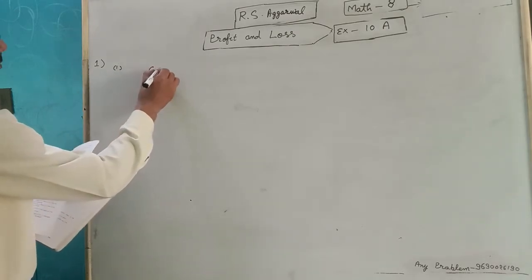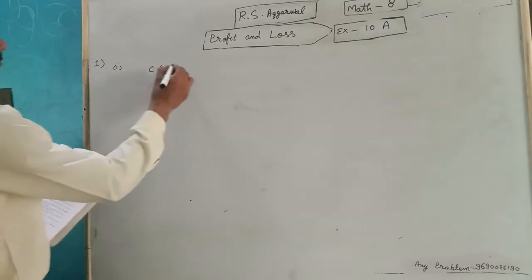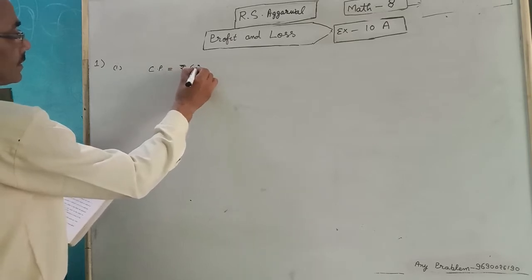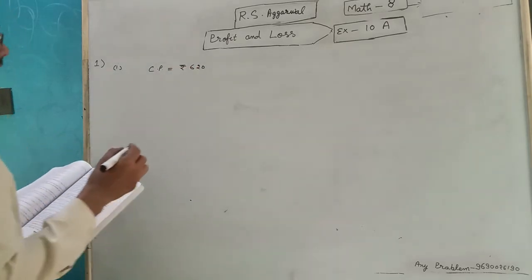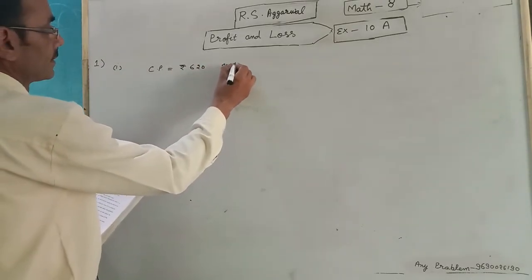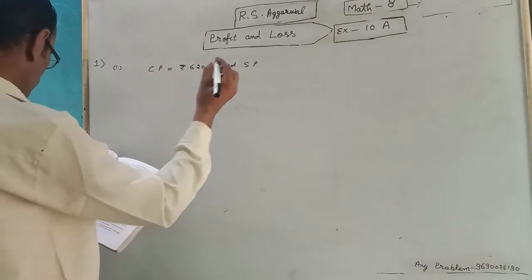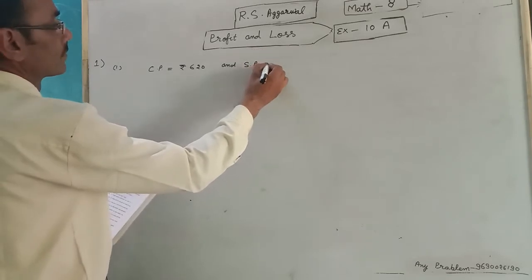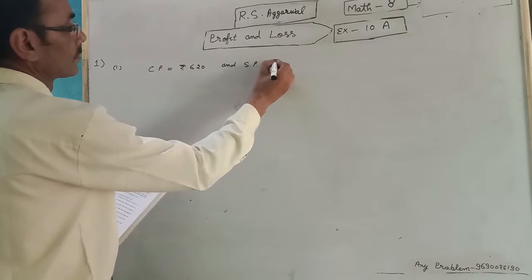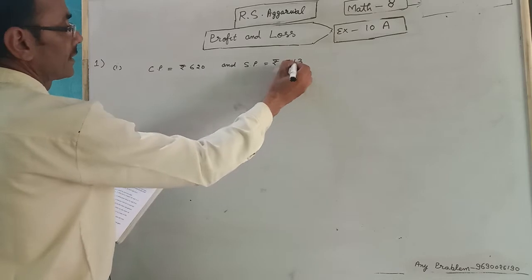CP is equal to $620 and SP is equal to $730.